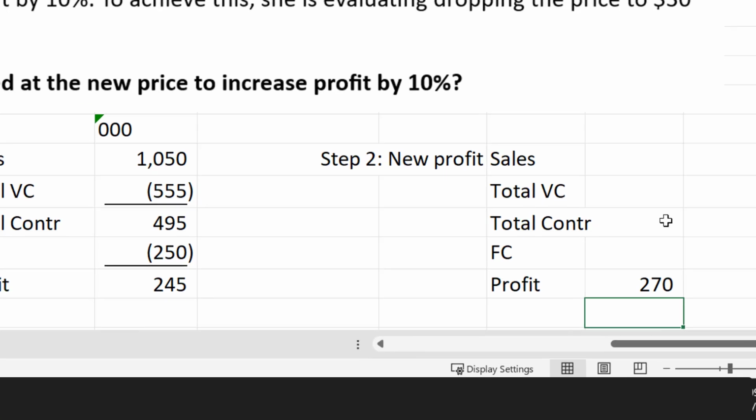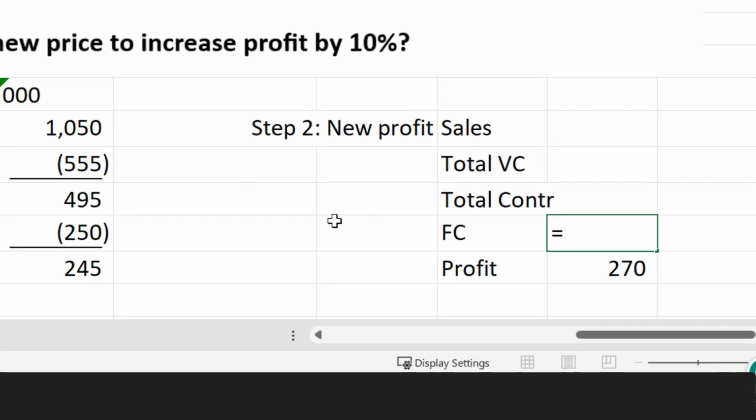Fixed costs are not going to change. So working backwards, we can get the total contribution that we need to earn to hit that profit of 270,000. So that's 520,000 total contribution.